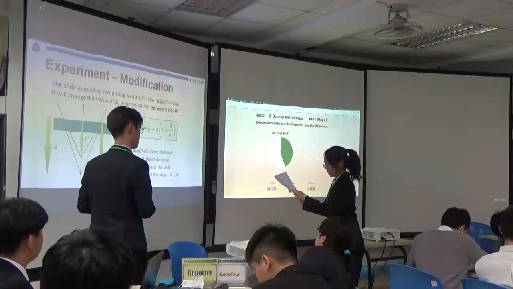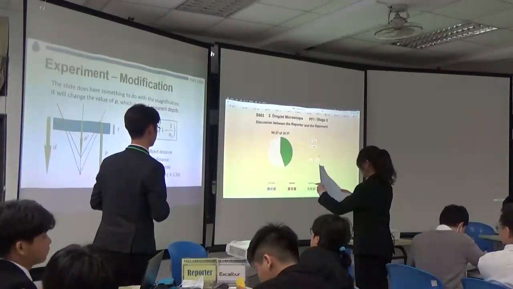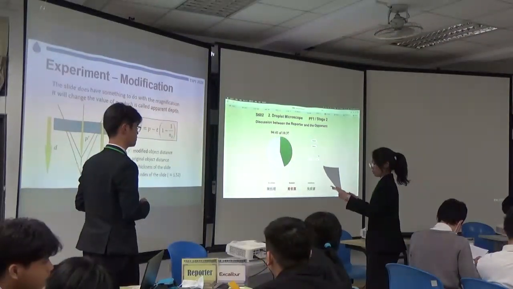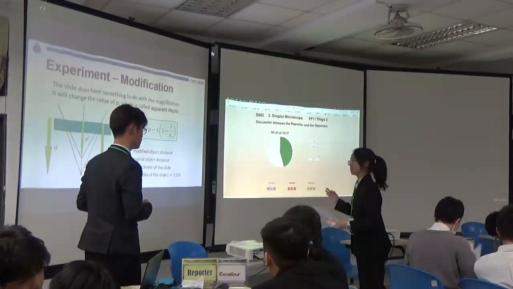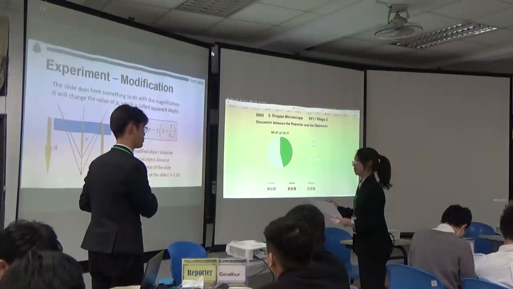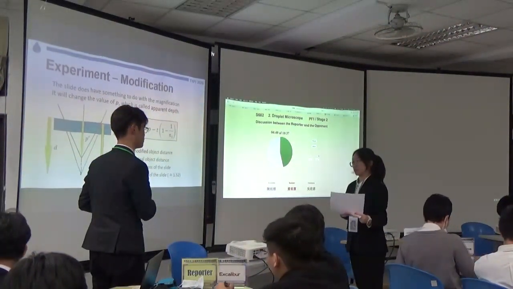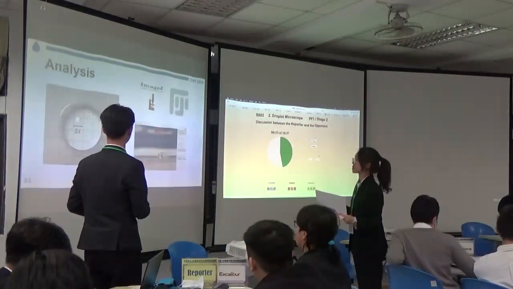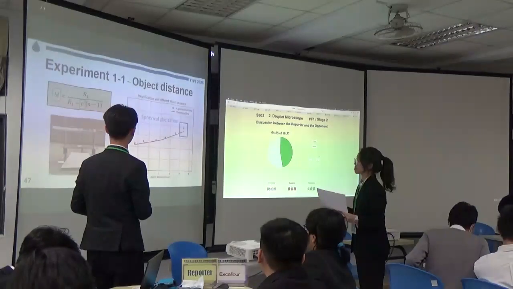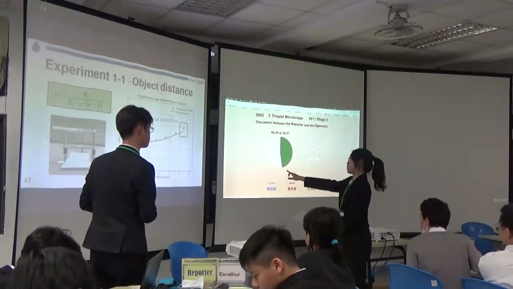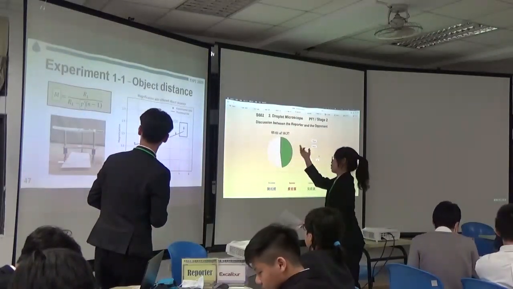Yes. Okay, so the next question I want to ask you is about what you said, that the object distance will affect the magnification. The experiment part or the theory part? The theory part and experiment part would be different. Okay, so tell me, why if the object distance increases, the magnification will also increase?